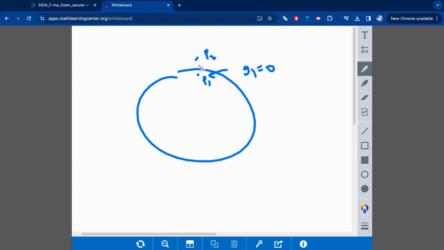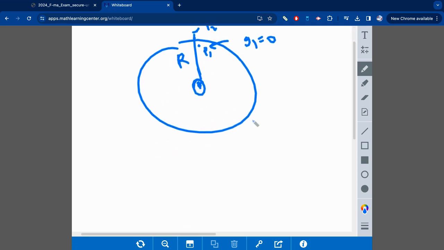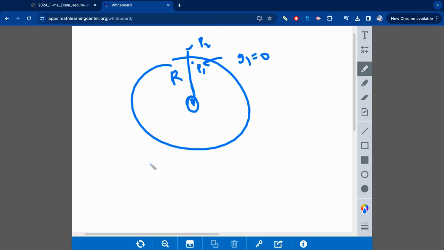And so g2 is basically going to be the gravitational acceleration if all the mass of this spherical shell were concentrated at the center. And since it's very close to the edge of the sphere, we can basically approximate the distance as r if we take the radius of the spherical shell to be r. So now the mass of the spherical shell is going to be sigma.